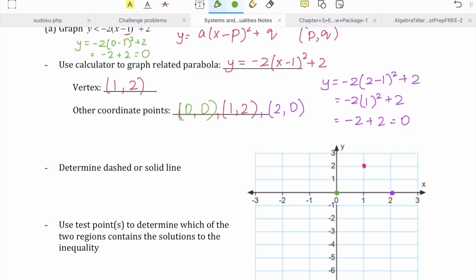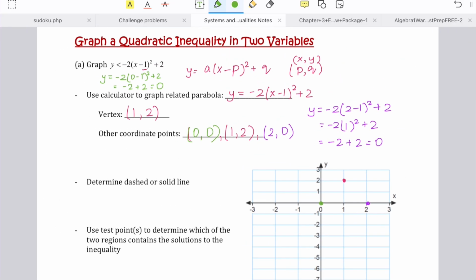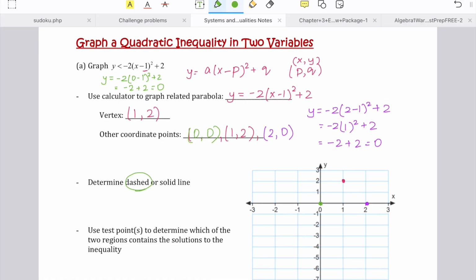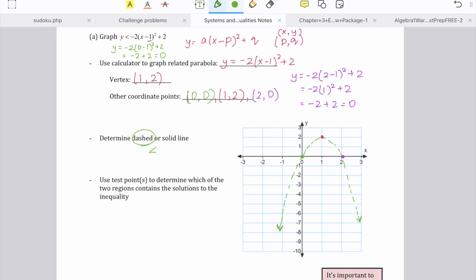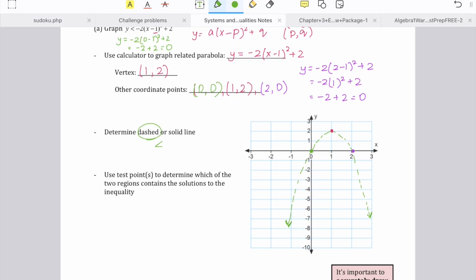Will this be a dashed line or a solid line? Dashed line because it's just less than, right? So let's draw that. Don't forget the arrows, okay? Now, let's find out one more point just to make sure that we did draw the parabola correctly.